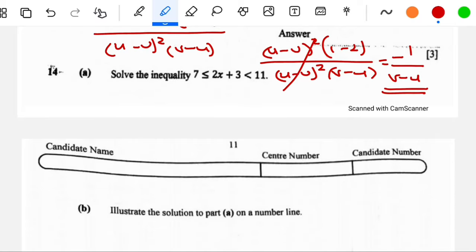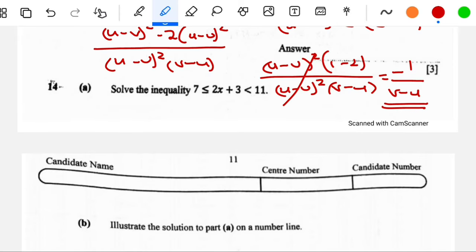Then moving on, I'm supposed to solve that simultaneous inequality. I do not have space to do that, so I'm going to do it by simplifying very quickly. So I've got 7 less than or equal to 2x plus 3.